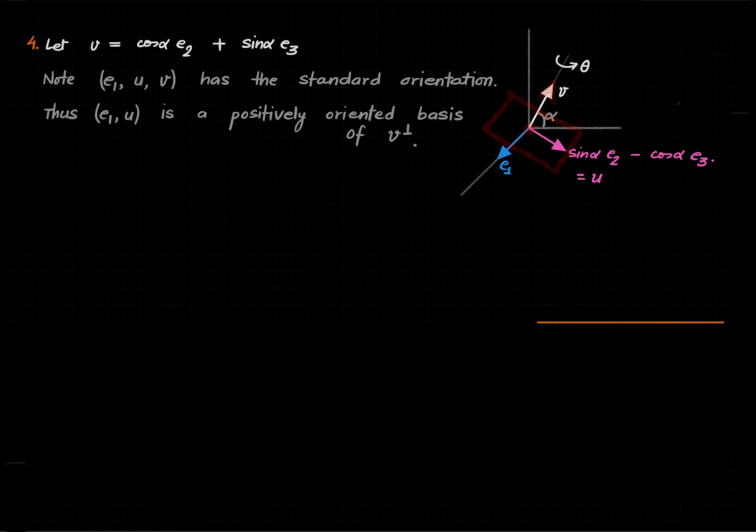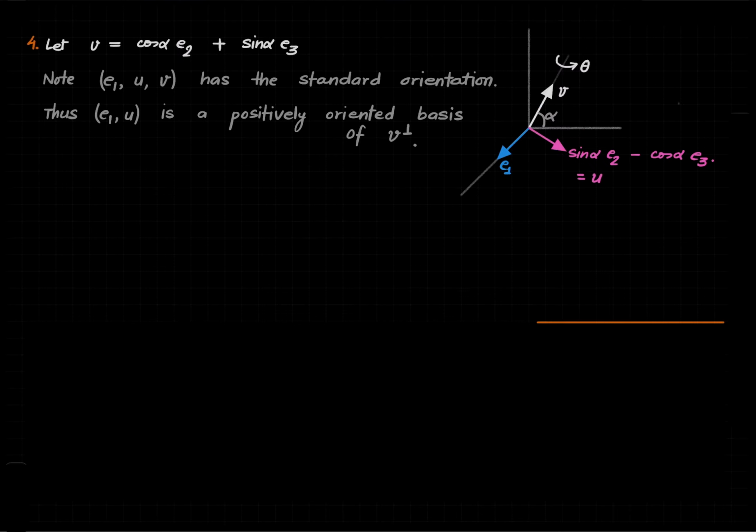And by following the definitions, immediately we see that the orientation of this particular ordered basis of the hyperplane matches with the contracted orientation, simply because after appending V to this ordered basis, you get a basis whose orientation matches with the standard orientation. So this is a positively oriented basis of the orthogonal plane. All right, great.